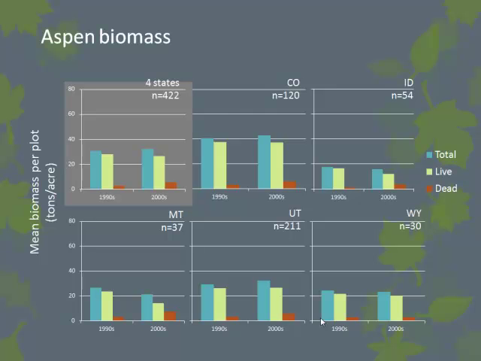Live didn't change a lot, and an increase in dead biomass. Colorado and Utah didn't really see any change in live biomass, but in Idaho and Montana, there were big decreases in live, another shift to dead biomass there, and a total decrease as well.